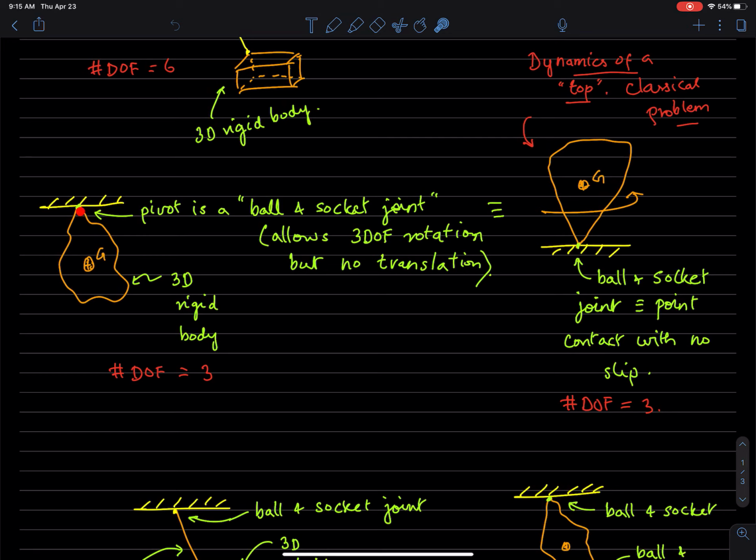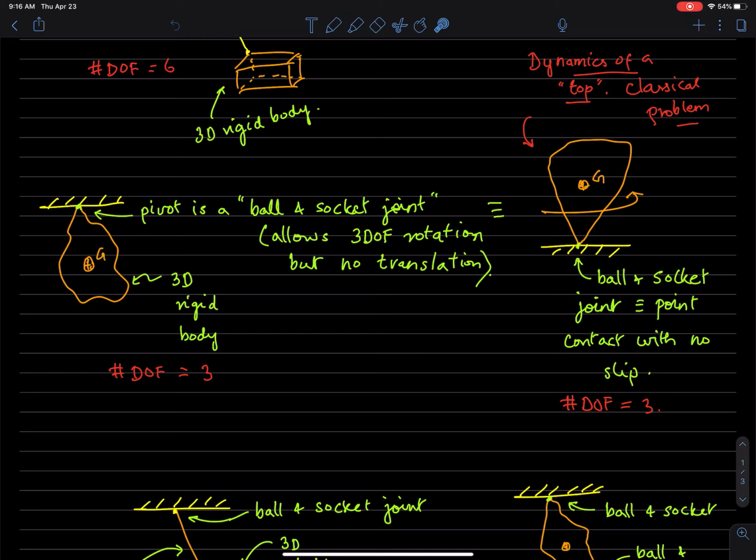And the point corresponds to what would be called a ball and socket joint, which you can think of as a point that does not constrain the rotation in any way, but constrains the translation. In other words, that point is fixed in space, but there is no constraint on the rotation. So a ball and socket joint is just something that allows 3 degrees of freedom here. That point cannot move, but you can rotate in any direction.